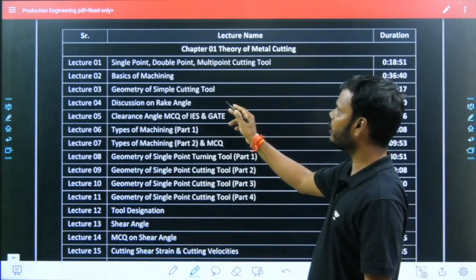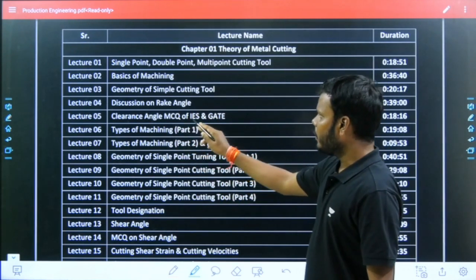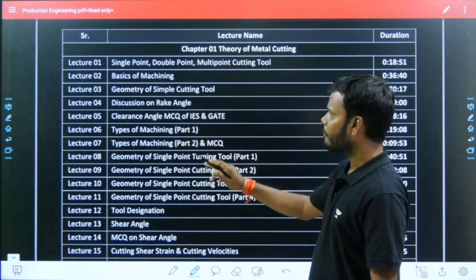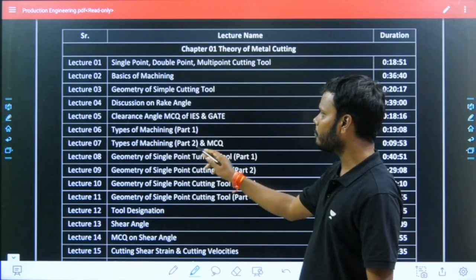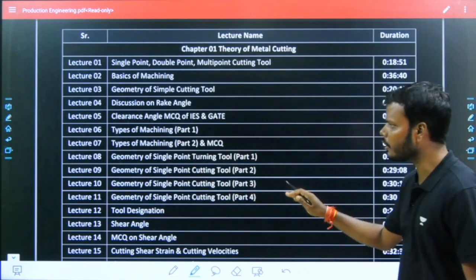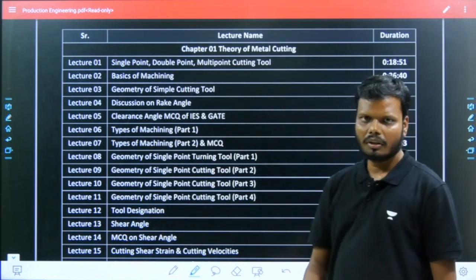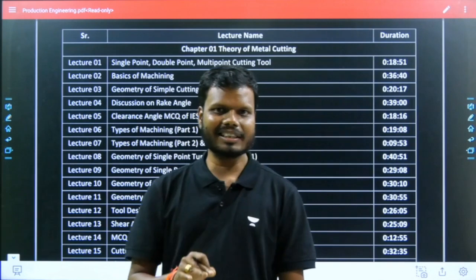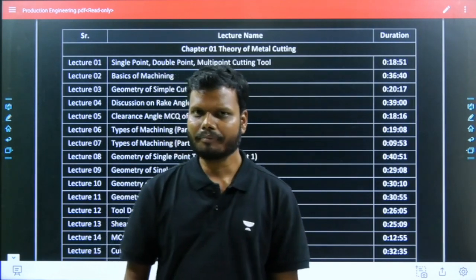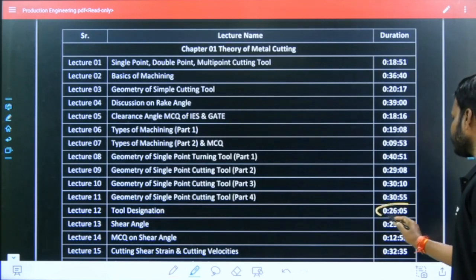Geometry of single cutting tool, discussing rake angle, clearance angle, MCQ of IES and GATE, types of machining part 1, part 2 and MCQ, geometry of single point turning tool part 1, part 2, part 3 and part 4, tool designation.